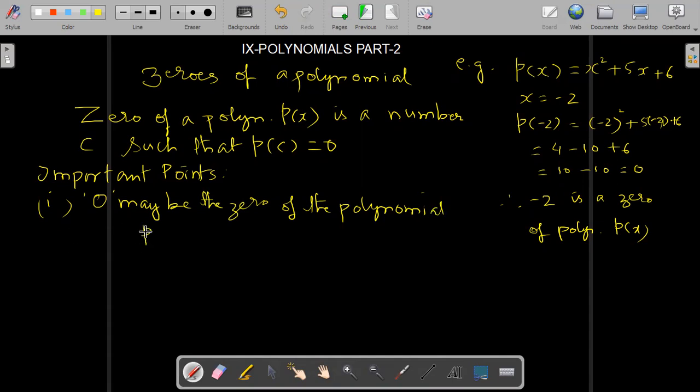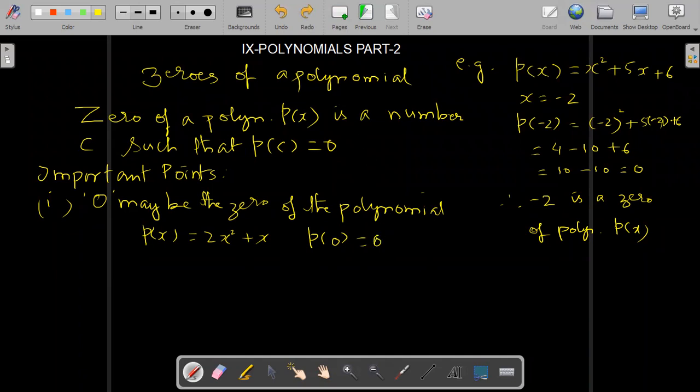For example, if p(x) is the polynomial 2x square plus x, then if you put x is equal to 0, you get 2 into 0 square, 0, plus 0, that is equal to 0. You get the answer 0.